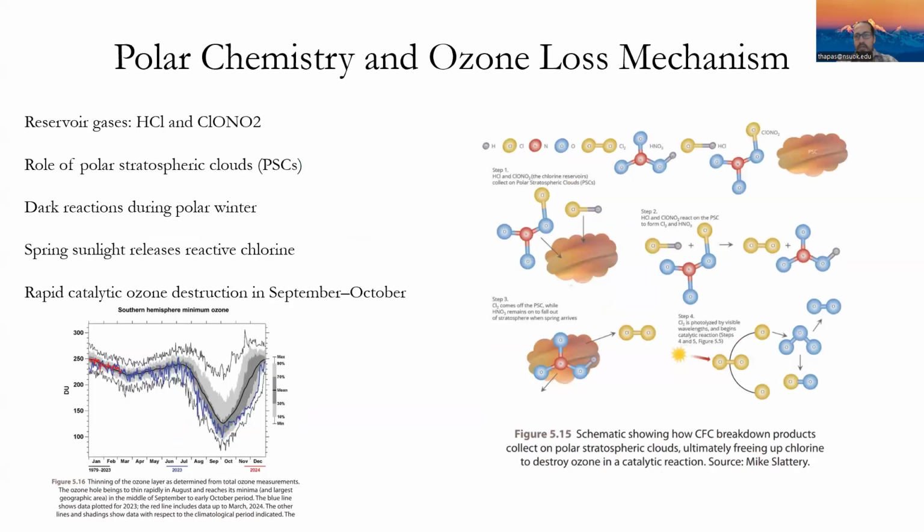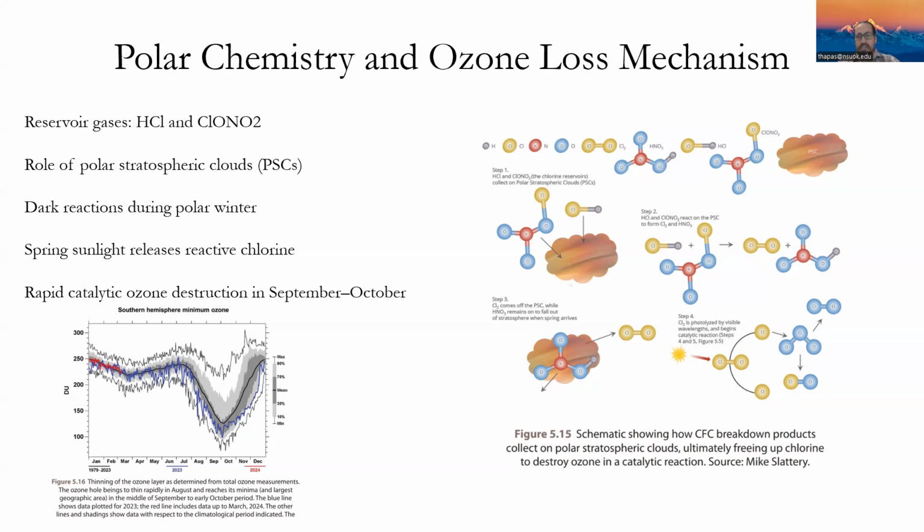The Antarctic ozone hole develops through a sequence of reactions tied to extreme polar conditions. In winter, reservoir gases such as hydrogen chloride, HCl, and chlorine nitrate, ClONO2, collect on polar stratospheric clouds and react to form molecular chlorine.